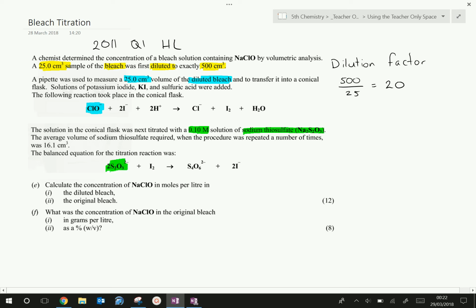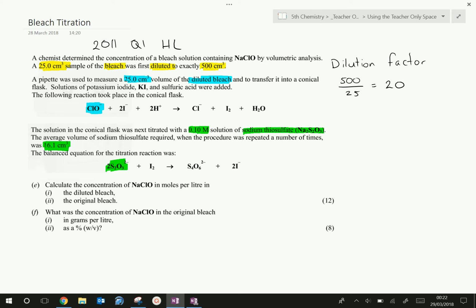That's this stuff. The average volume of sodium thiosulfate required when the procedure was repeated a number of times was 16.1 ml. So that's still my sodium thiosulfate. The balanced equation for the reaction was that, and we were asked to find the concentration of sodium hypochlorite in moles per litre in the diluted bleach and then in the original bleach.